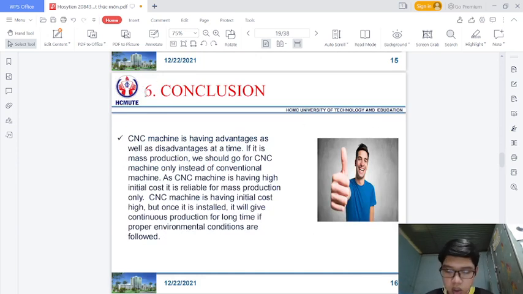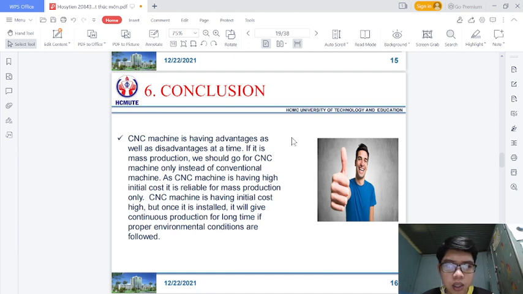6. Conclusion. CNC machine has advantages as well as disadvantages at a time. If it is mass production, we should go for a CNC machine instead of a conventional machine.